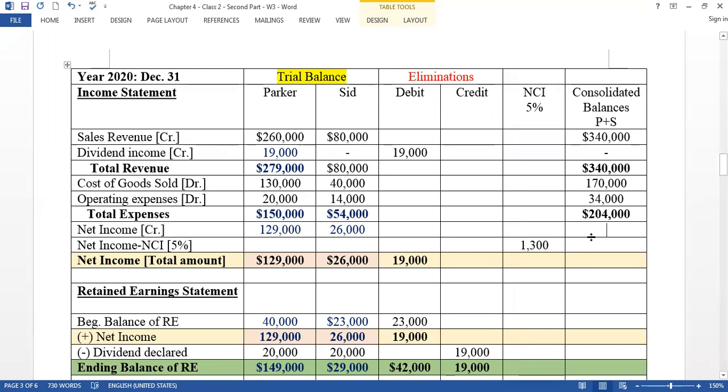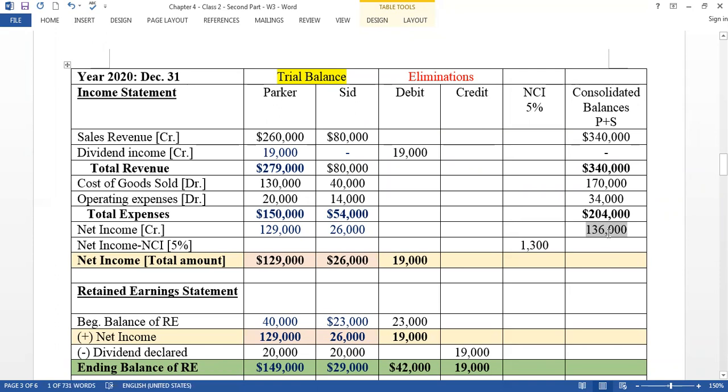And if we write here $136,000, what is the mistake here? Can you tell me? Because we know that it is P plus S, parent company's net income and subsidiary company's net income, $130,000. If I keep it up to here, what is the mistake?